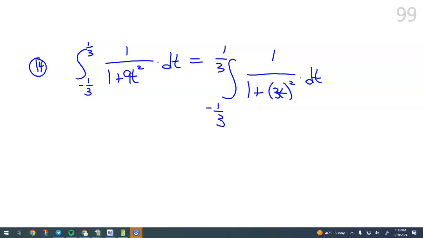And then I can do the problem with u substitution, but the u just changed. So that first method didn't work. But now, if I make u equal to 3t, du will equal 3 times dt, which means du over 3 equals dt.